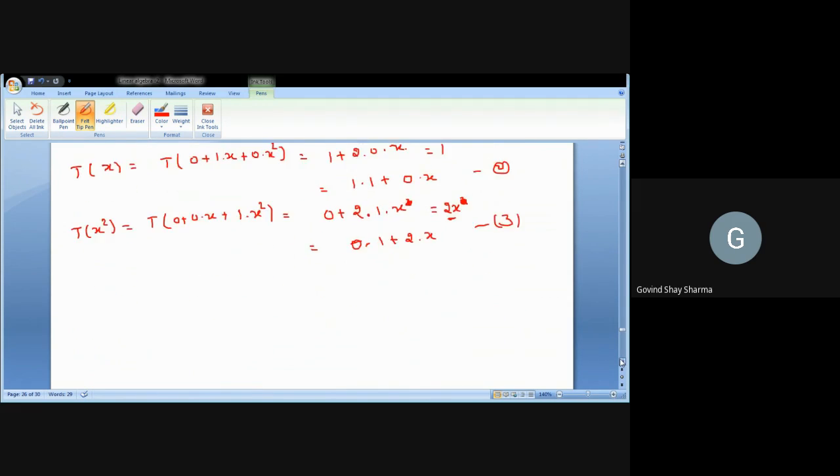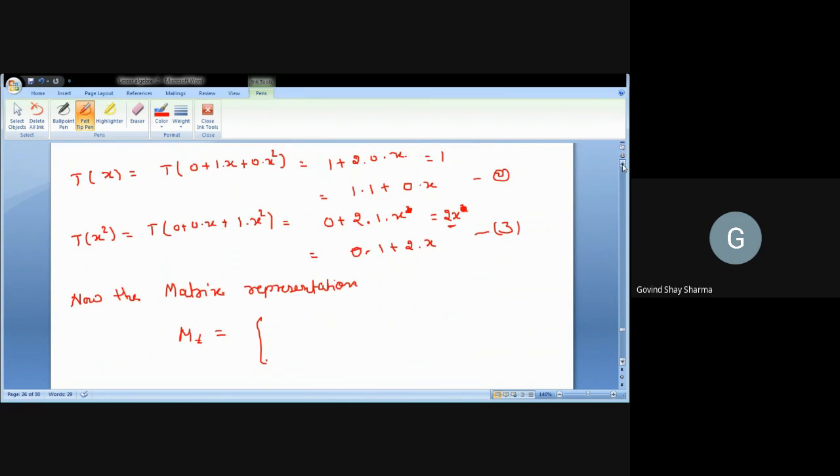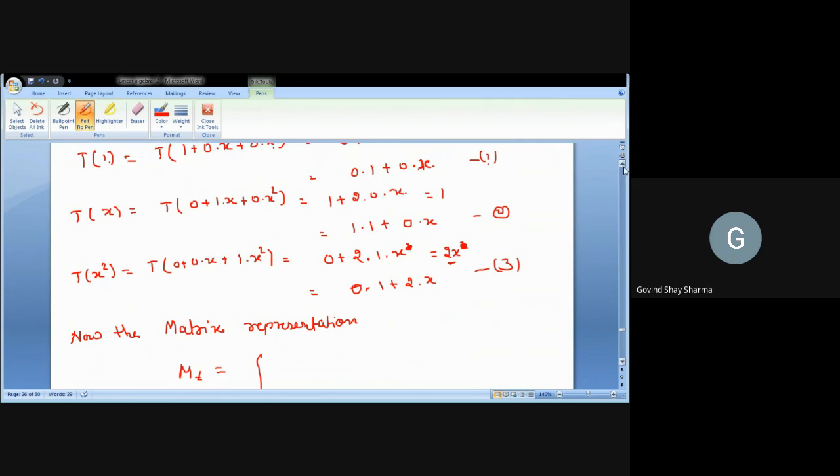Now the matrix representation of LT is simply the transpose of the matrix made by the linear combinations.